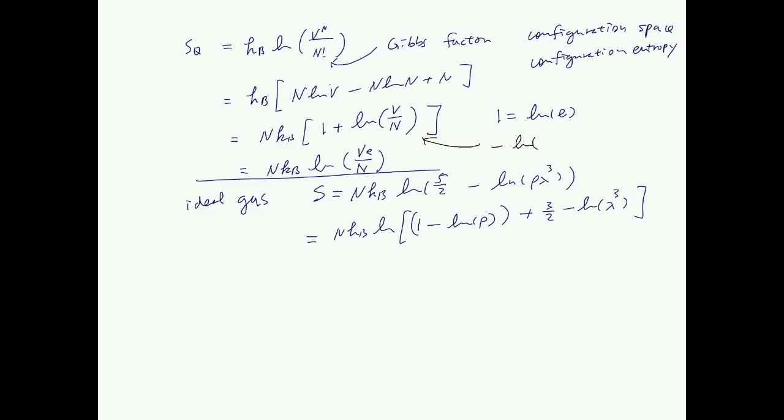I can take a minus sign out, and this becomes N divided by V, minus log rho. The first two terms are our configuration entropy, and the remaining terms are 3/2 minus log lambda cubed. This is just a simple separation of your entropy.